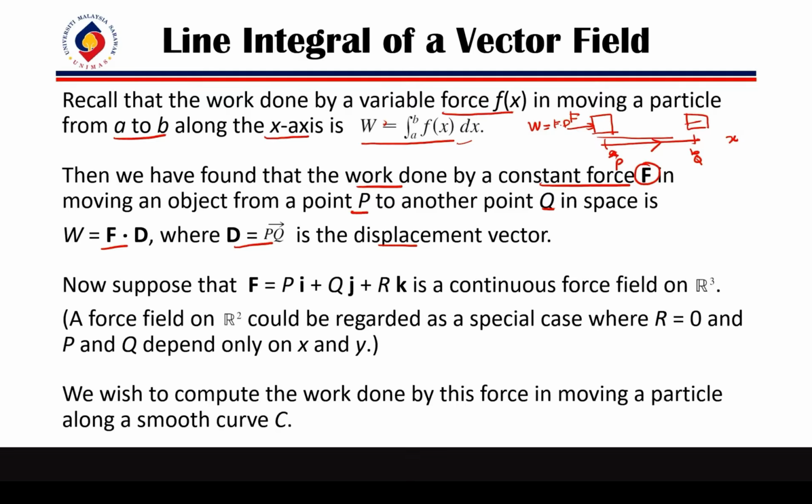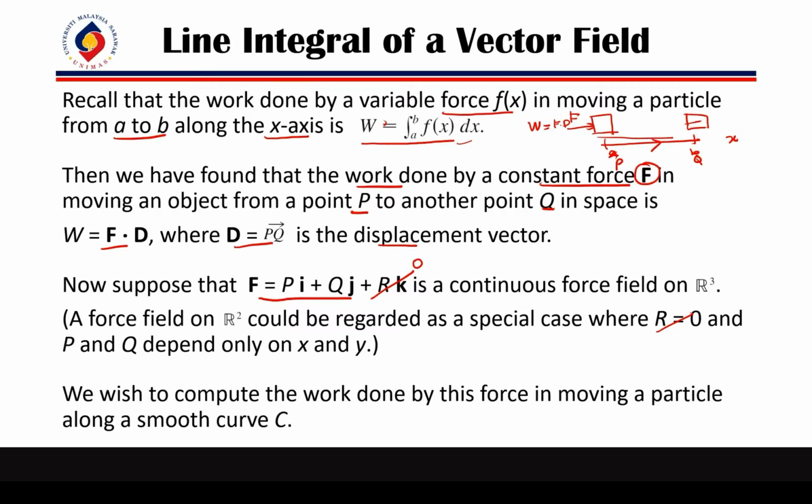But now suppose that we have this F in the vector field, this force is in the vector field on R cube. So a force field on R squared could be regarded as a special case where R is equal to 0. That means R here is 0.